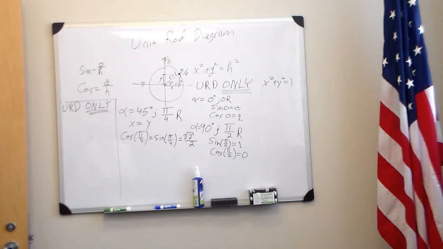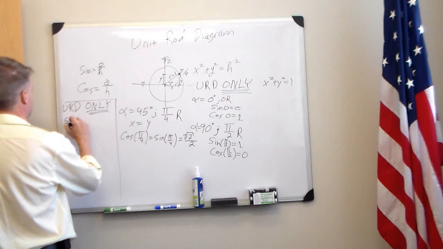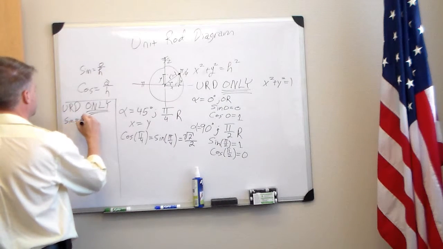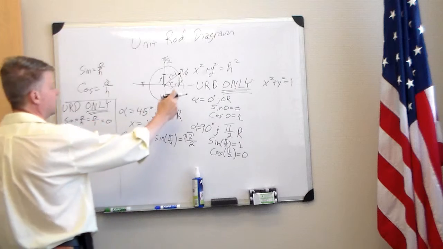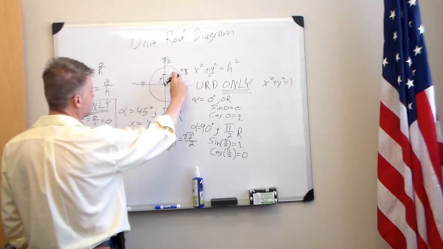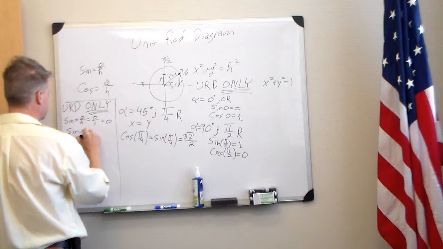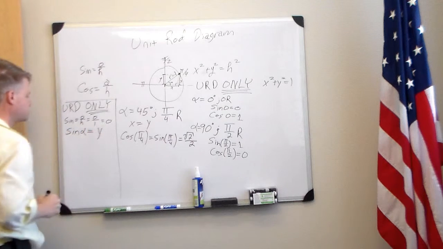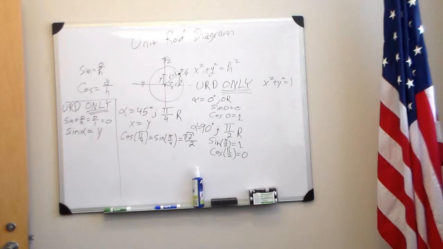Well, if you think about this, sine, which is opposite over hypotenuse, is opposite over 1, is opposite. And the opposite is our value of y. For the unit rod diagram only.